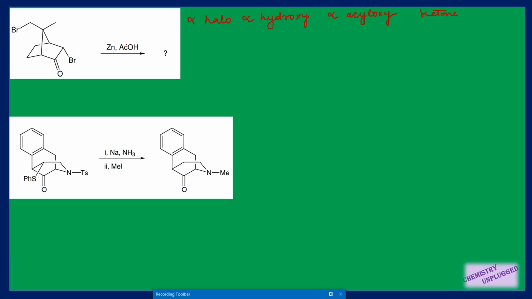So how will this reaction happen? In case of halogens, I have told you there that the reaction mechanism is slightly different than alpha hydroxy groups, right? If you have any doubt about the reaction mechanism of alpha hydroxy group, then you can watch my video on this zinc and acetic acid.